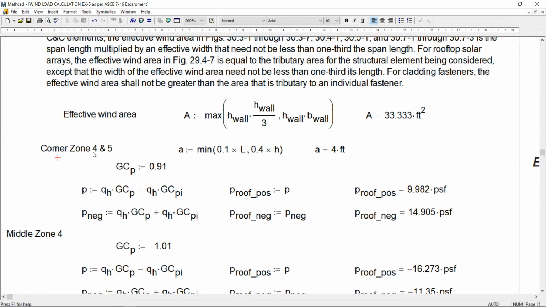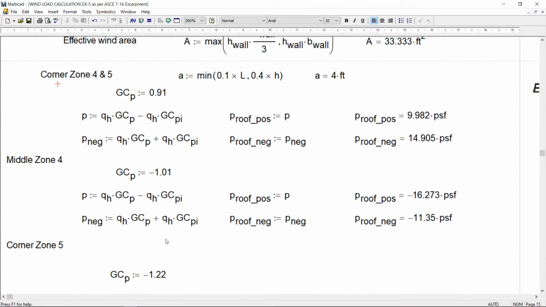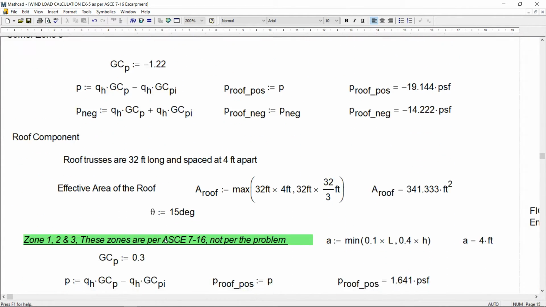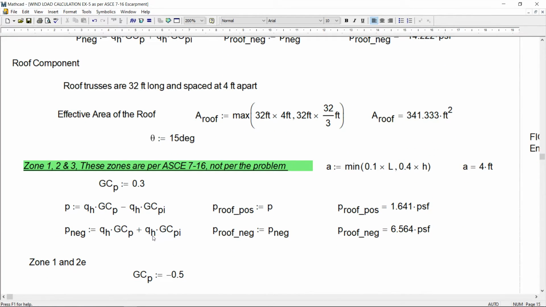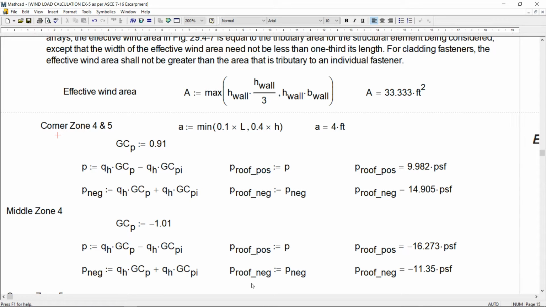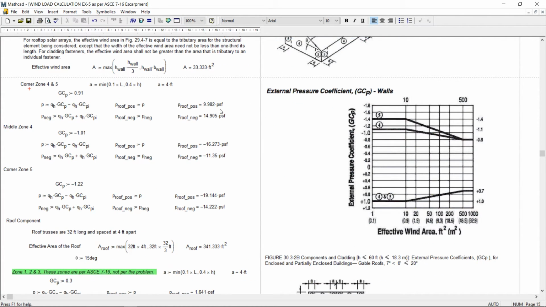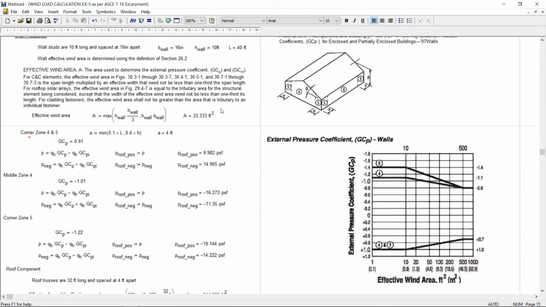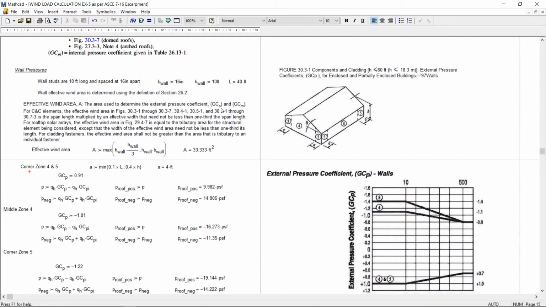Now corner zone 4 and 5. So here we have to, let me show you what is the meaning of a zone over here.